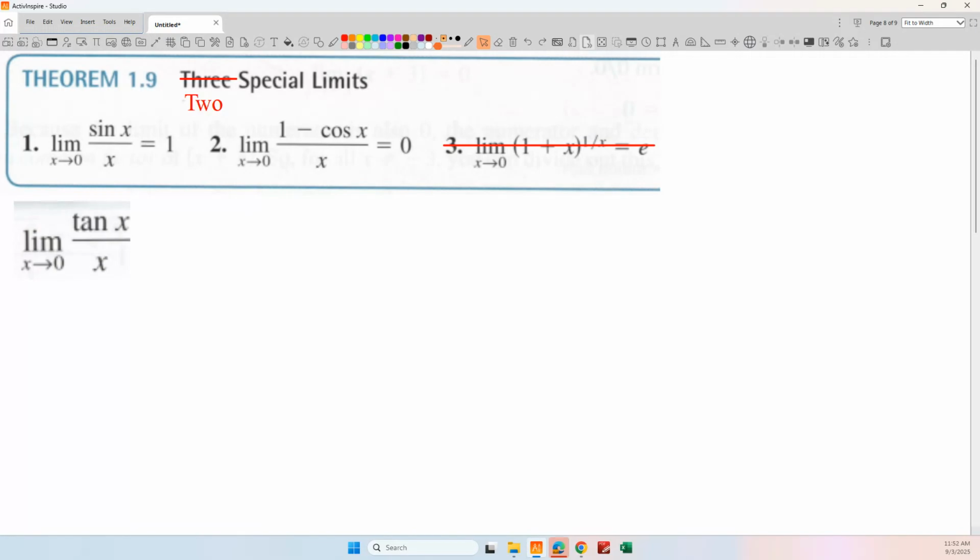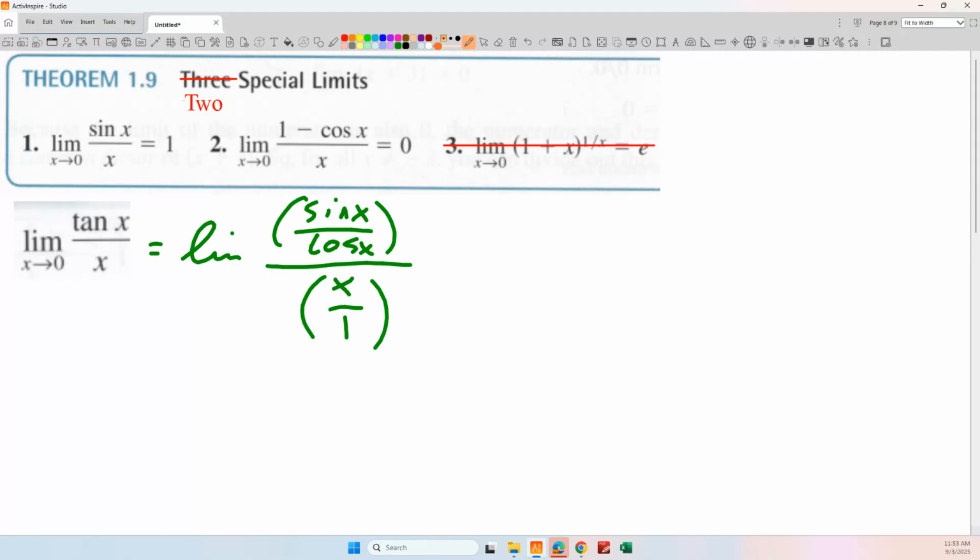So then this one would just become the limit of sine x over cosine x divided by x, which is the same as x over 1, as x approaches 0. So now what? Good, so I multiply by the reciprocal of the denominator.